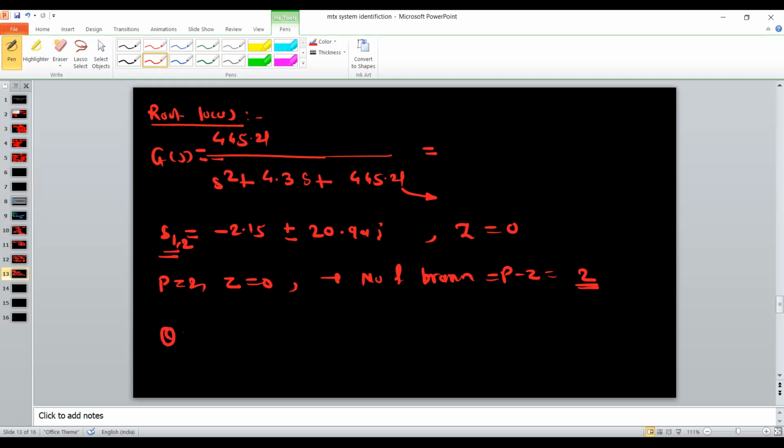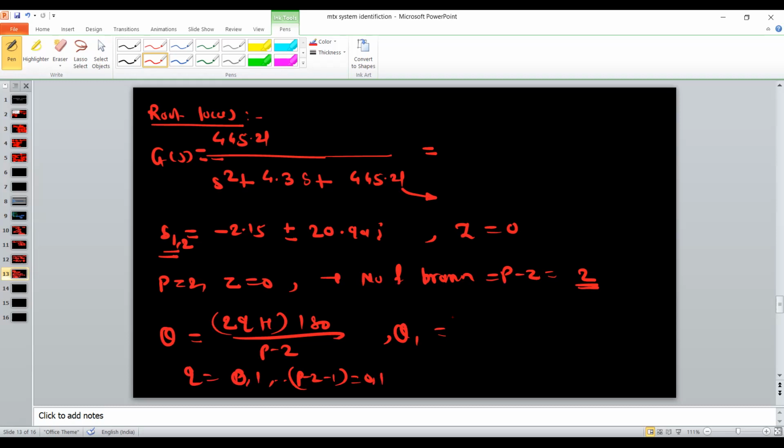So we can find this theta, equal to (2q plus 1) into 180 divided by P minus Z. So q is equal to 0, 1 up to P minus Z minus 1. So this will be 0 and 1 only. So when q is equal to 0, we will get pi by 2. And when q is equal to 1, we will get 3 pi by 2.